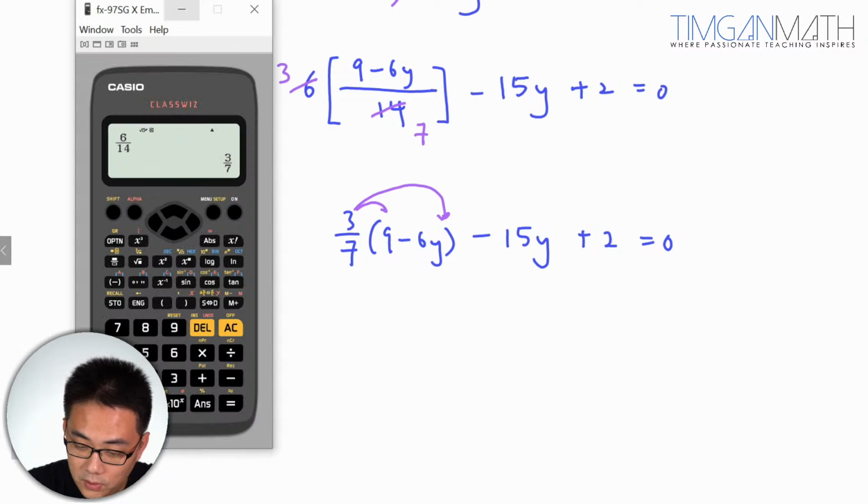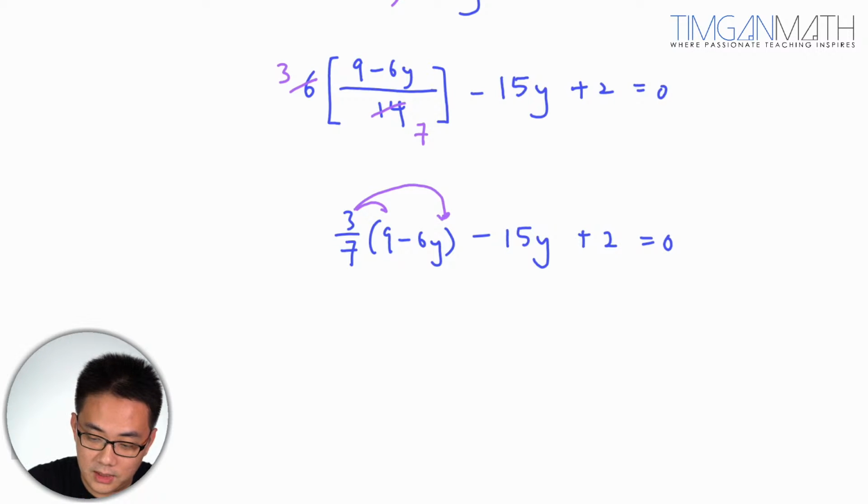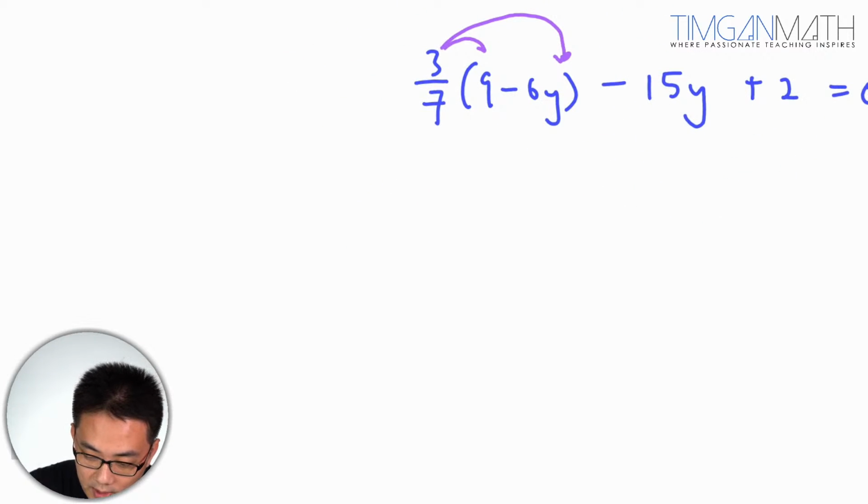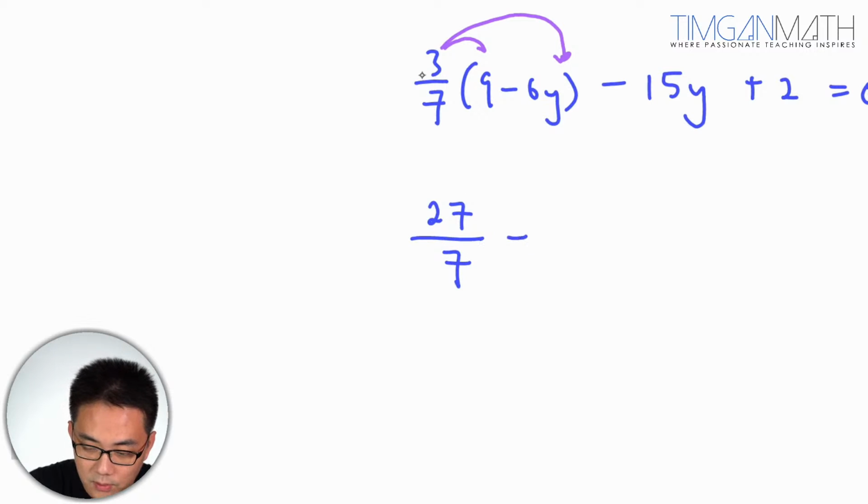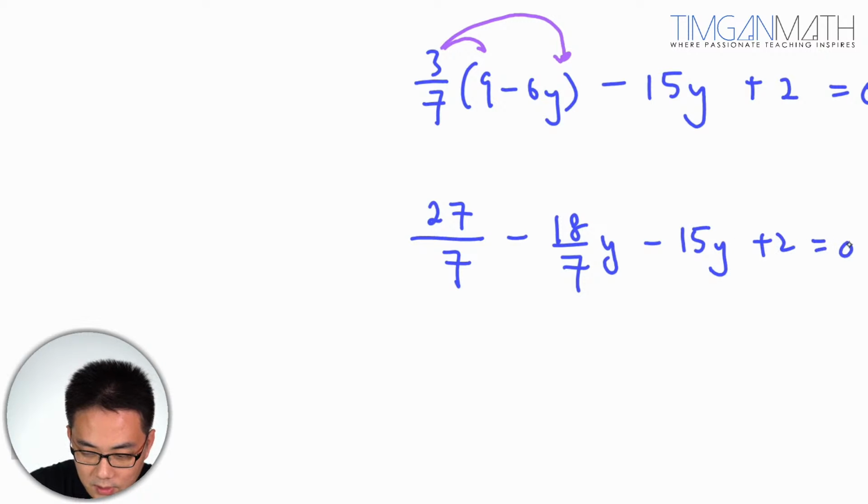Just slowly do it. So 7 times 9, this will be 27 over 7. And this will be 18 over 7 y minus 15y plus 2 equals 0.